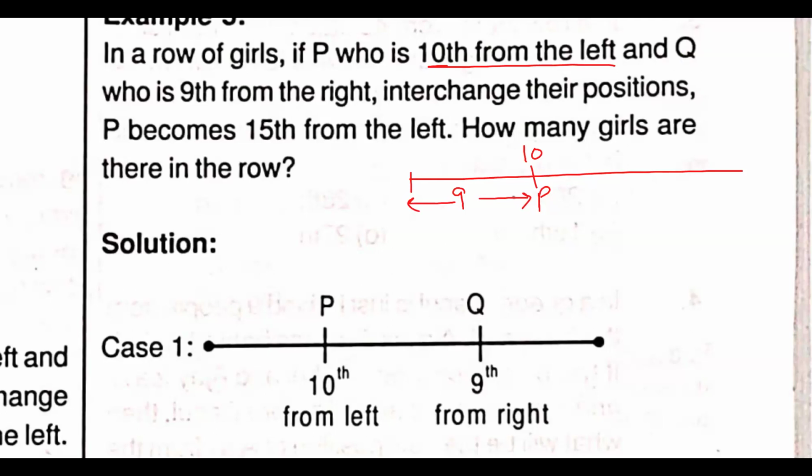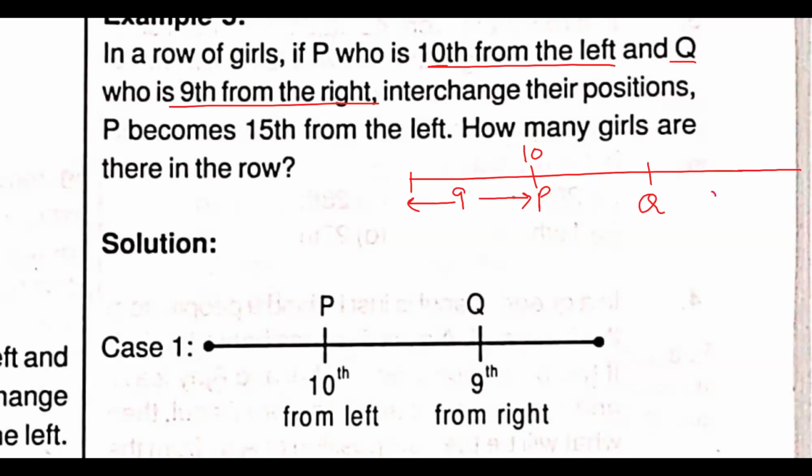Right. And also Q is 9th from the right. This is also given that Q is 9th from the right. Now we do not know how many persons are between P and Q, but we just know that this is Q, and the position is 9th from the right.